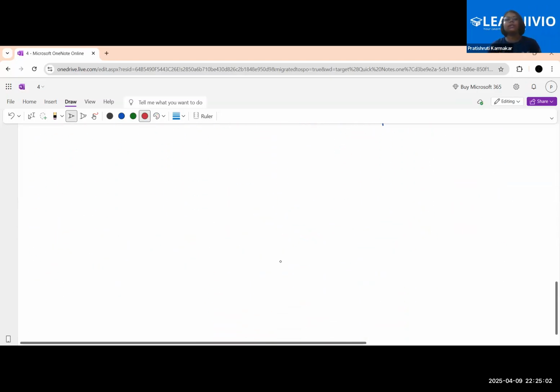Now coming to substituents. This is called methane. Now I am drawing it in the normal way.